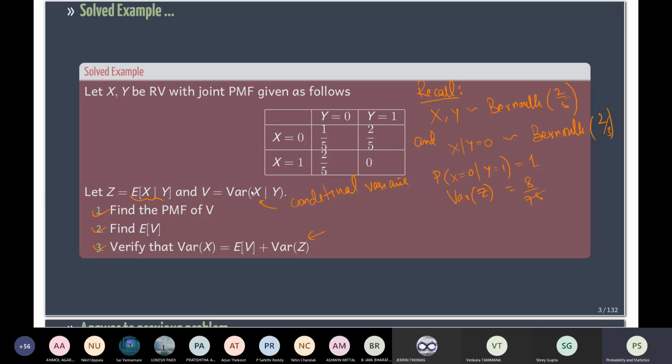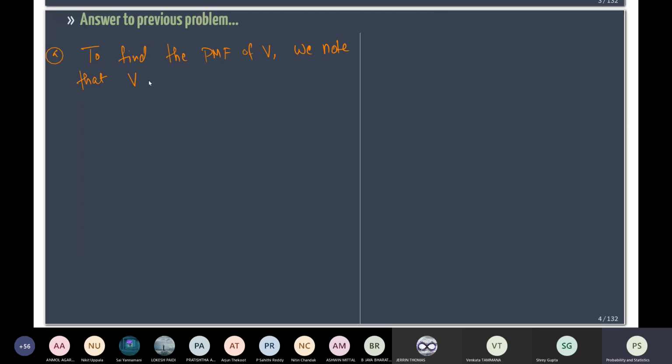Variance is also a function of Y. So we note that V is a function of the random variable Y, or more specifically, we can write V is equal to variance of x given Y. There are two possibilities for Y, so we can split this into two parts, just like we did in the previous class.